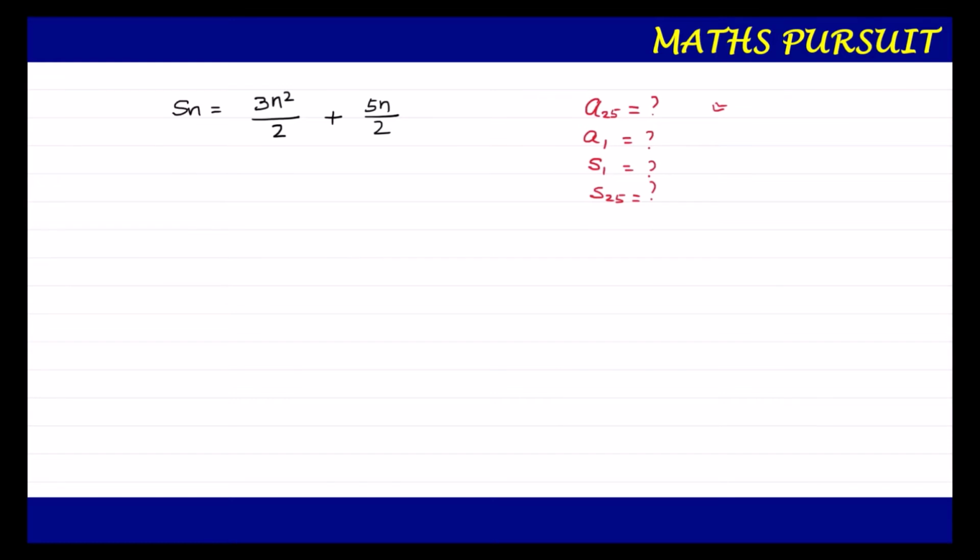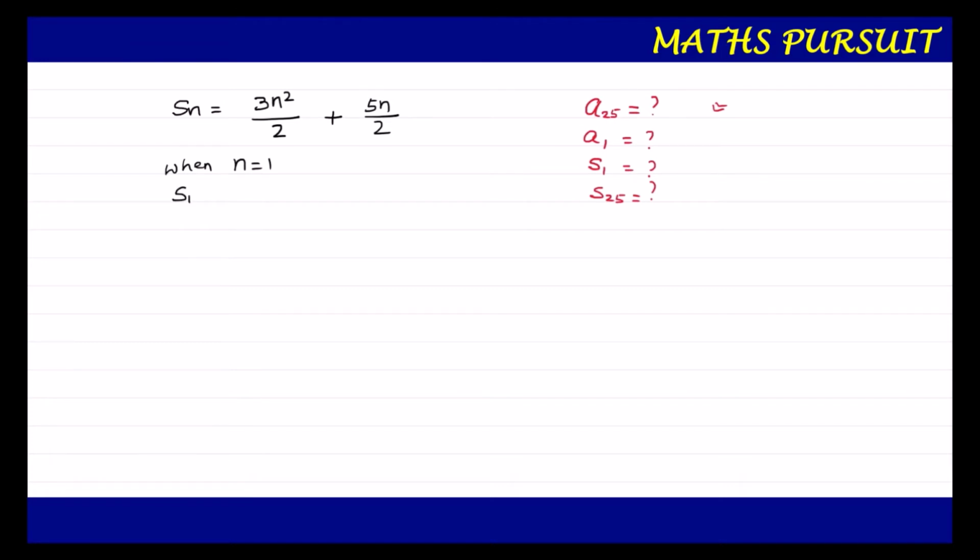Now guys, the question is Sn is equal to 3n² upon 2 plus 5n by 2. Let's assume that the n value is 1. So when n is equal to 1, I can write S1.